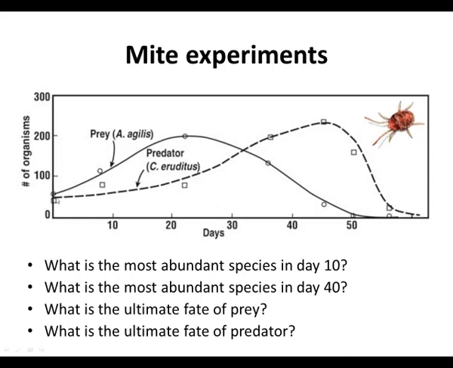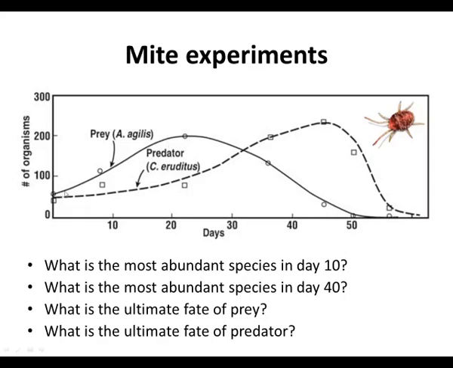So he started with probably about 50 individuals of the prey mite and about 40 individuals of the predator mite. Initially, the prey population increased without any trouble, right?